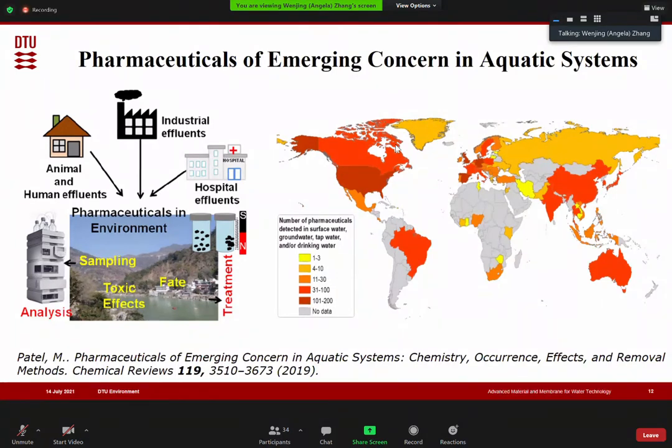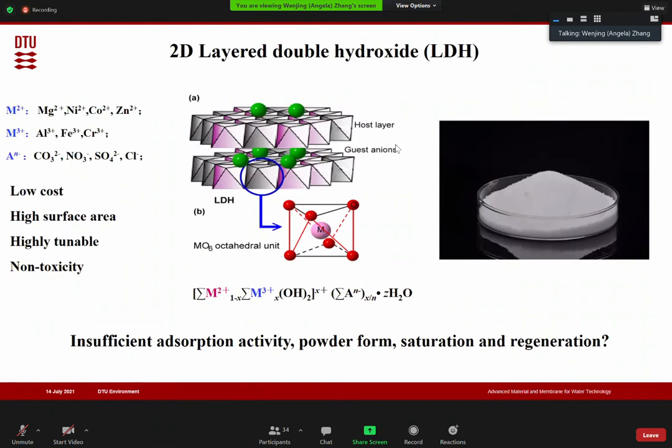And there is a call for innovation to try to tackle this challenge. And one of the research directions is on absorption. So instead of using a very dense film to filter out these small molecules at very low concentration, how about we use absorbents and actively take those molecules out of the water?